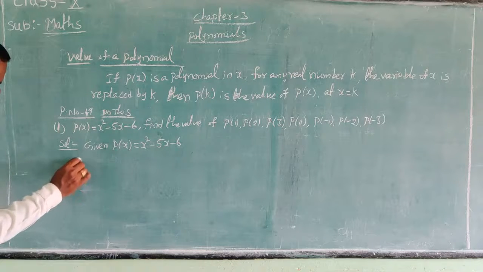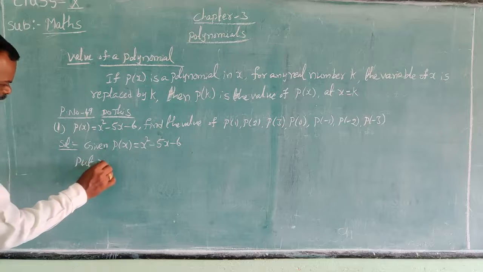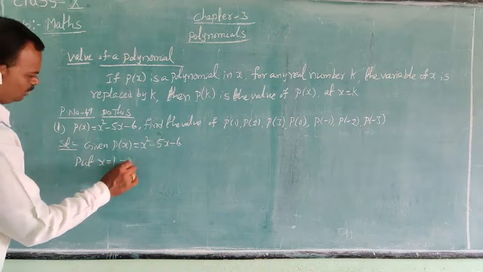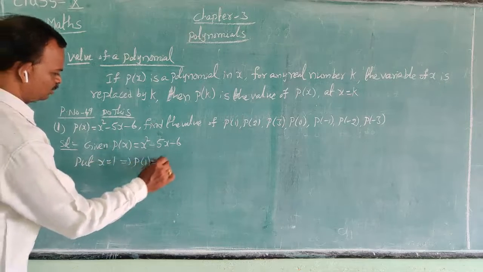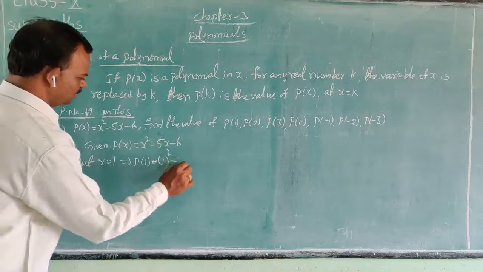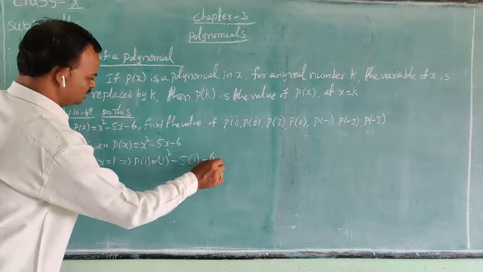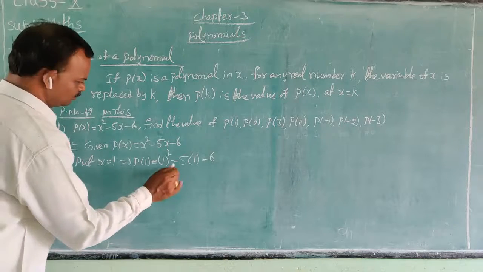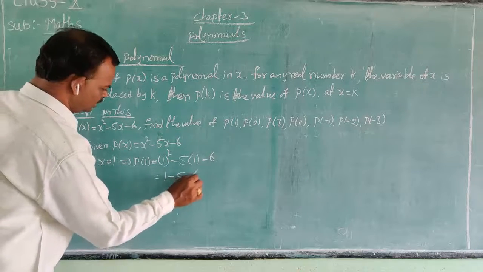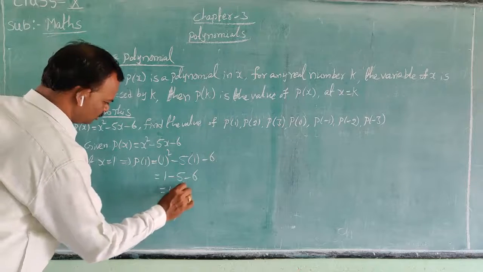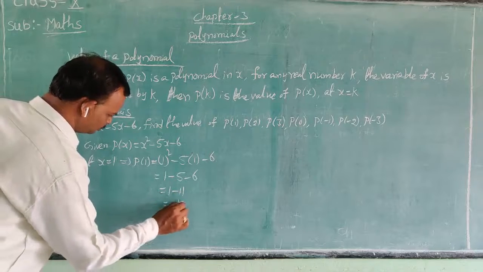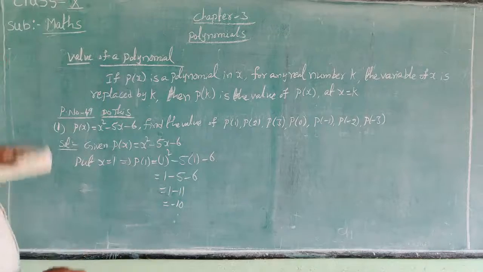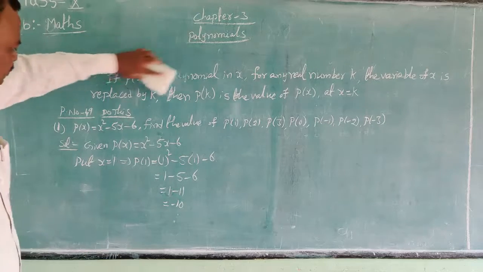First one, put x is equal to 1. That implies p of 1 is equal to 1 square minus 5 into 1 minus 6. 1 square is 1, minus 5 minus 6, that is equal to 1 minus 11, that is equal to minus 10.